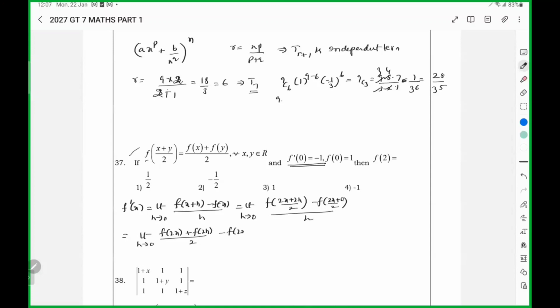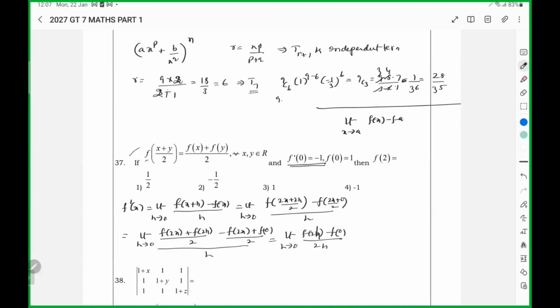F of 2h plus f of 0 by h. So simplification gives you f of 2h minus f of 0 by 2h. Here I'll write limit x tends to a, f x minus f a by x minus a, which has a formula f dash a. So it is nothing but f dash 0, which is given as.